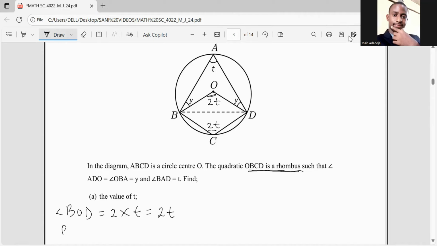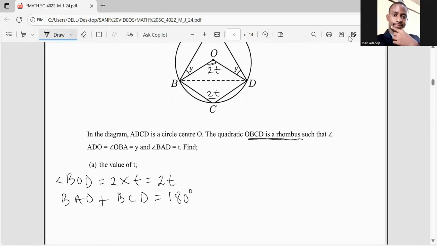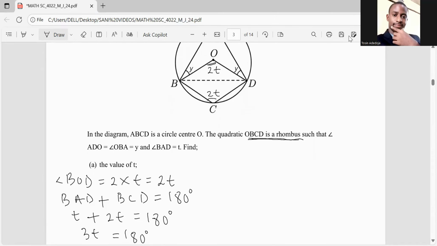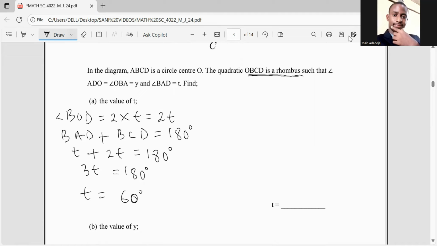So BAD plus BCD equals 180 degrees. So BAD is T, BCD is 2T, 3T equals 180 degrees. Divide both sides by 3, you have T equals 60 degrees.